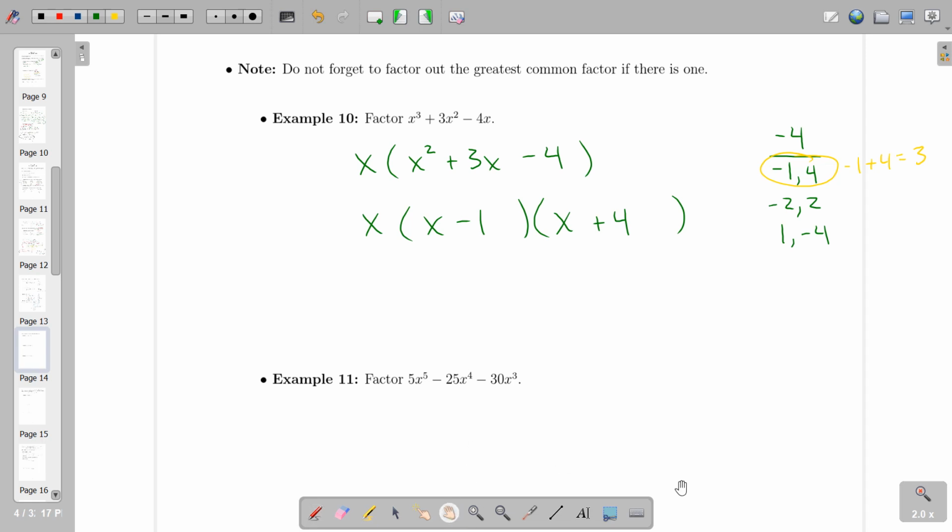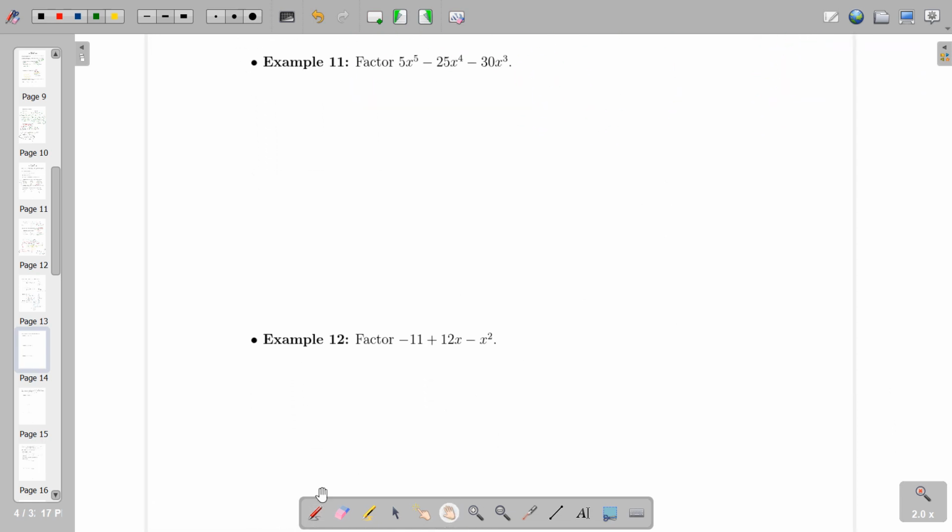And clearly that's what's going on here in example 11 as well. So I can see that there's a factor of 5 common to every term, so I can pull that out. And then my smallest power is x cubed, so I can pull that out also.